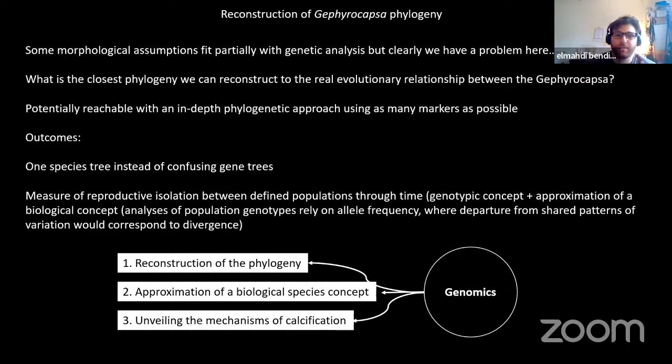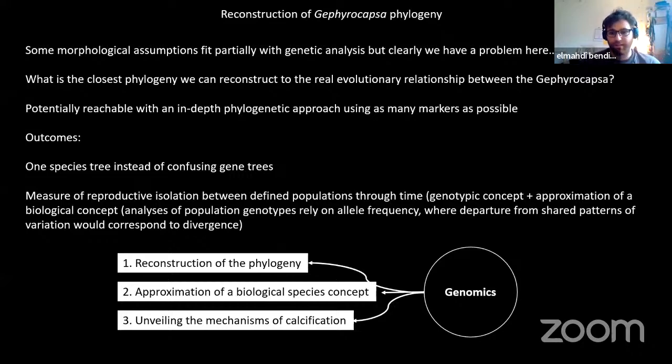The genotypic concept relies on the analysis of populations and the frequency of the alleles. When I'm talking about alleles, it's the frequency of genetic diversity within those populations and between the populations. The departure from shared patterns of variation would normally correspond to the divergence.